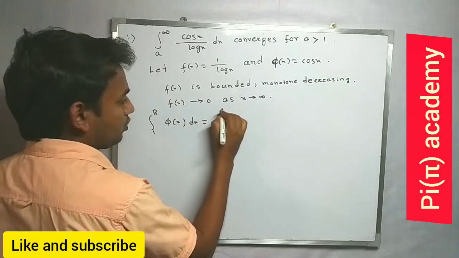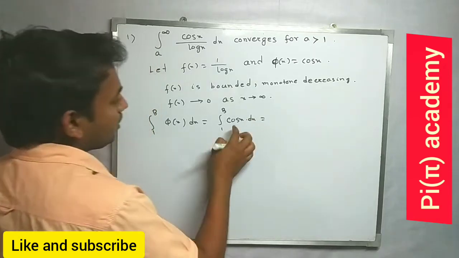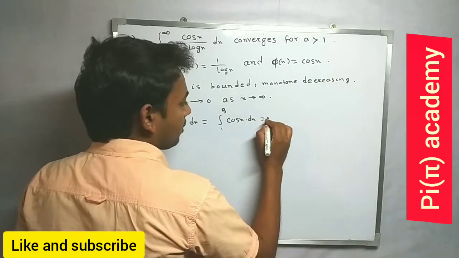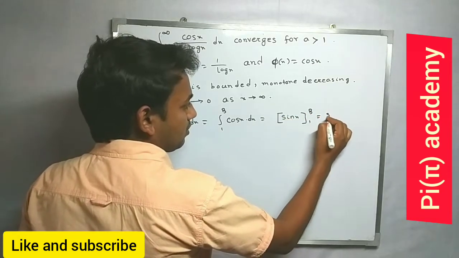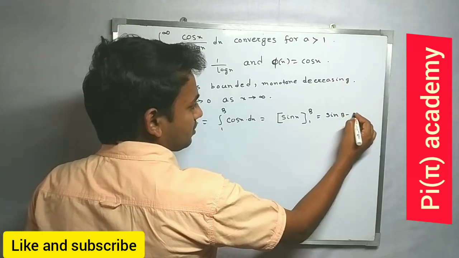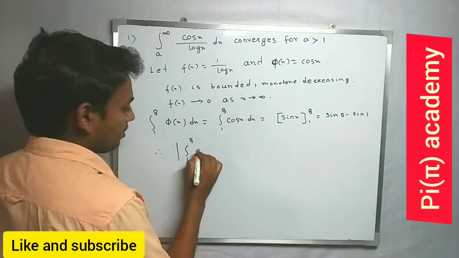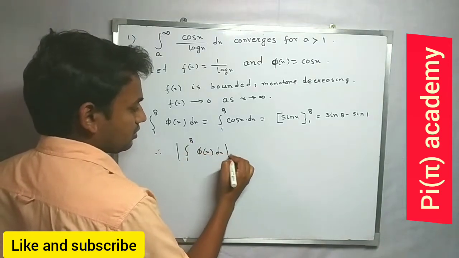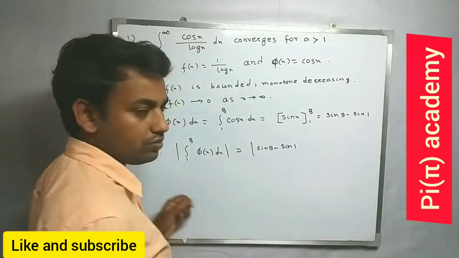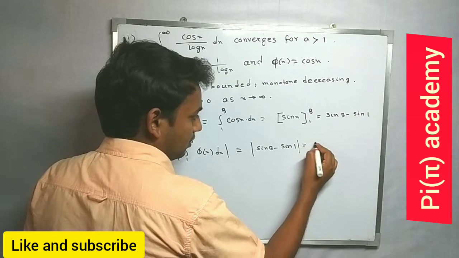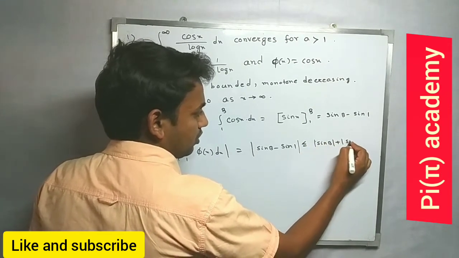This is equal to the integral from 1 to b of cos x dx. The integral of cos x is sin x, from 1 to b, equal to sin b minus sin 1. Therefore the mod of the integral from 1 to b of cos x dx, that is mod of sin b minus sin 1, is less than or equal to mod sin b plus mod sin 1.